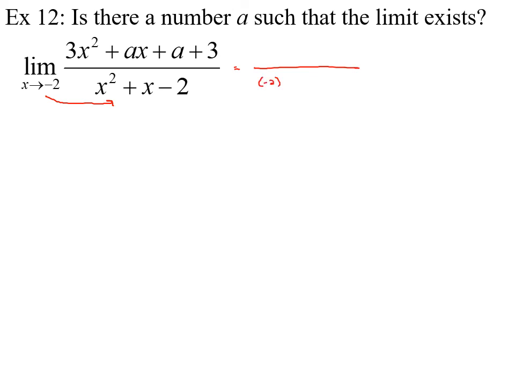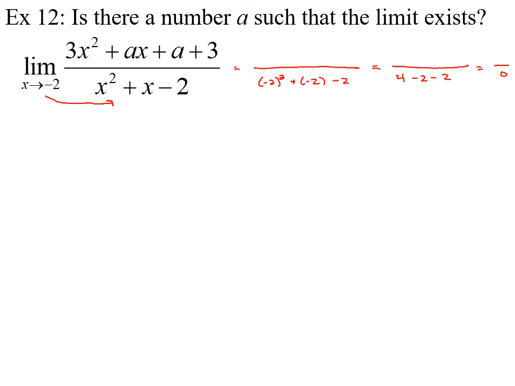Well, you get negative 2 squared plus a negative 2 minus 2. And if you do a little bit of math here, that's going to be 4 minus 2 minus 2, which gives you a 0 on the bottom. Now, if you get any nonzero number on top, most of that's going to be does not exist.